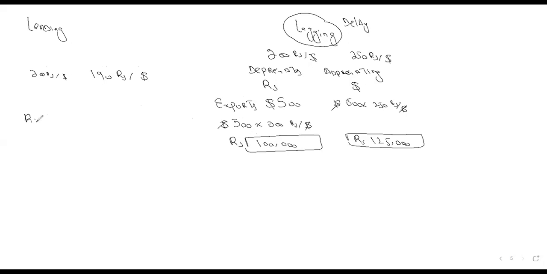So here I will get 100,000, and at 190 how much? 95,000. So what happened here? Here rupees is appreciating and dollar is depreciating.